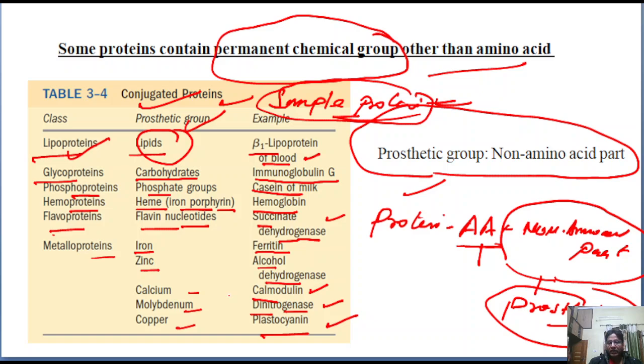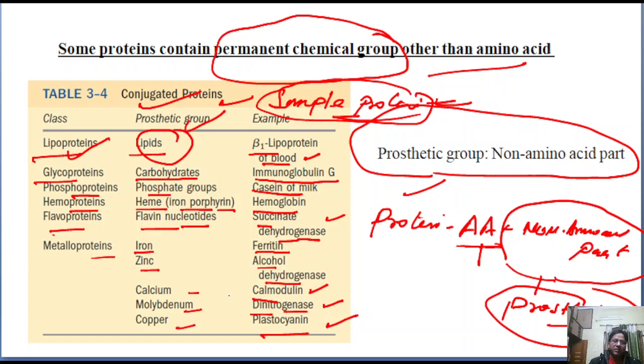Now we have discussed amino acids, their classifications, and how amino acids are linked to form a protein, that is, by the peptide bond. We discussed common terms associated with proteins, such as the polypeptide and how the polypeptide chain is formed. Peptide differs from polypeptide or protein based on molecular weight: if it is more than 10,000, we say it is a protein, and if it is less than 10,000, we generally say it is a polypeptide, but these terms can be used interchangeably.